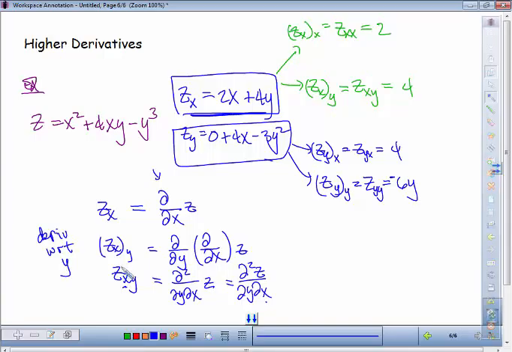The good news is that if we're dealing with nice and continuous functions, I don't know if you noticed this, but these two answers turned out to be the same. It turns out that with nice and continuous functions, which is what we're going to be basically dealing with, we're going to see that these are called mixed partials.